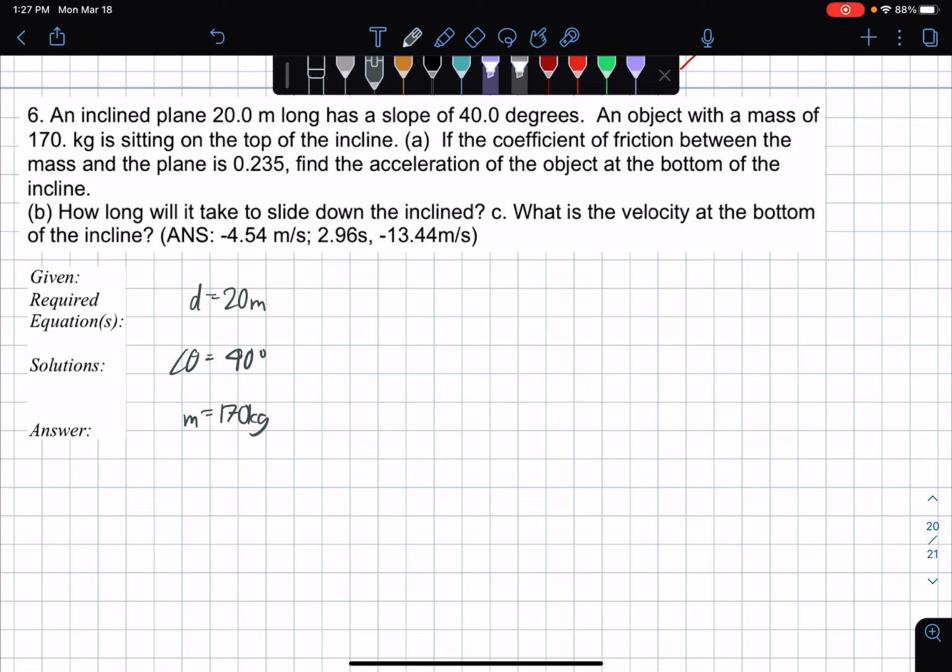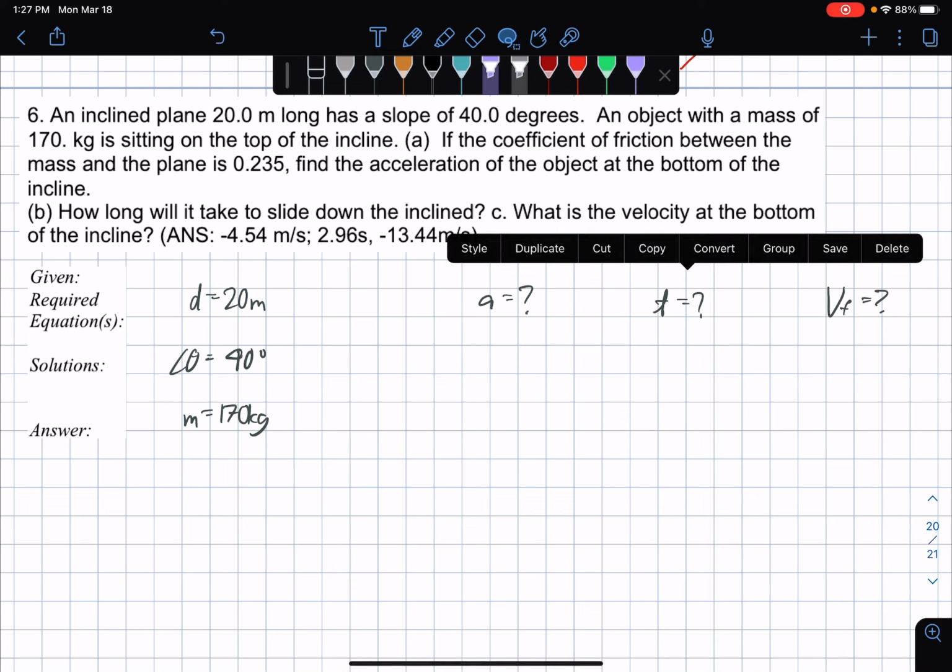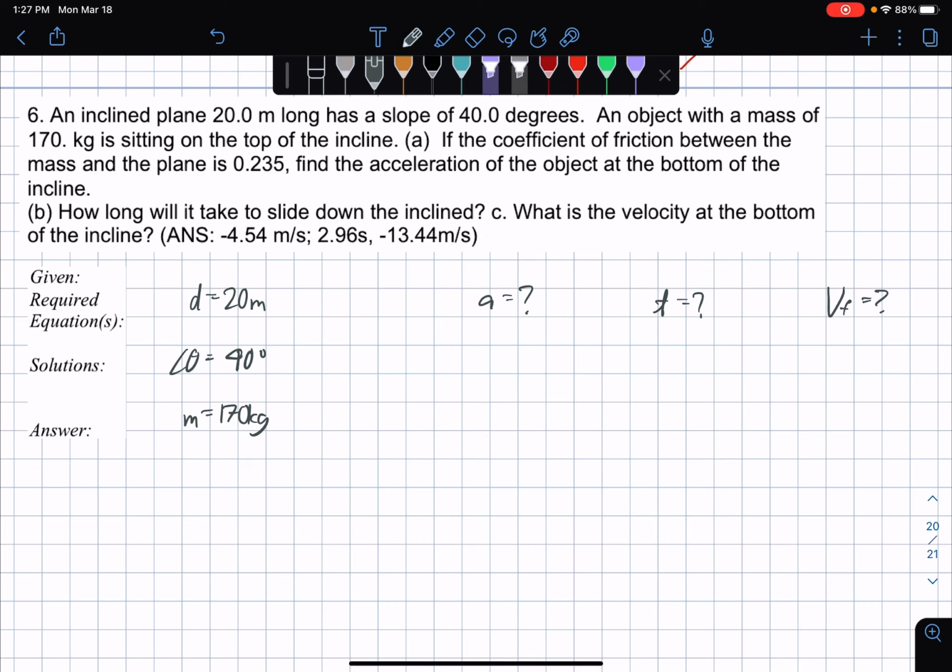So the acceleration is missing, and how long it takes to slide down the incline, as well as the velocity at the bottom of the incline. So these three values are missing. We are going to utilize five things, since this problem is somehow related to kinematics.